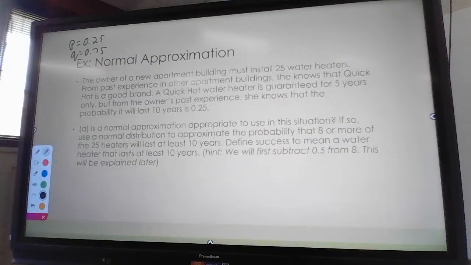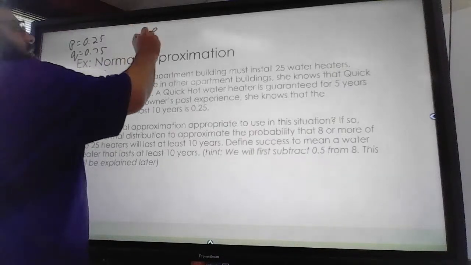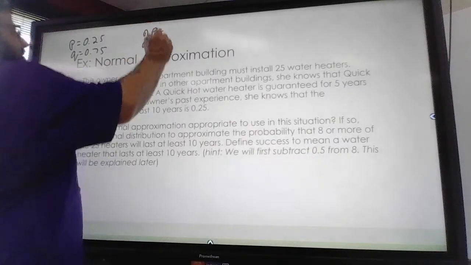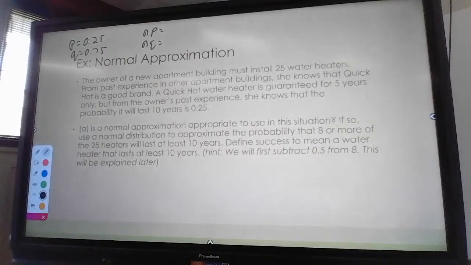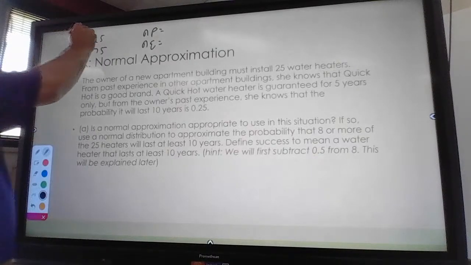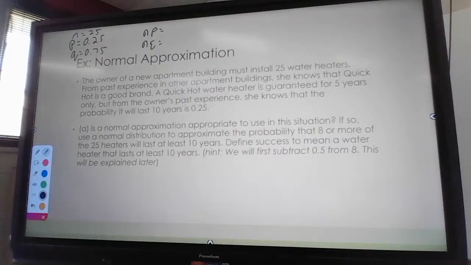Letter A. Is a normal approximation appropriate to use in this situation? Okay, so what we're going to do is first calculate np and nq and see if they're both larger than 5. Well, what's n? It's 25 here. So let's calculate np and nq.